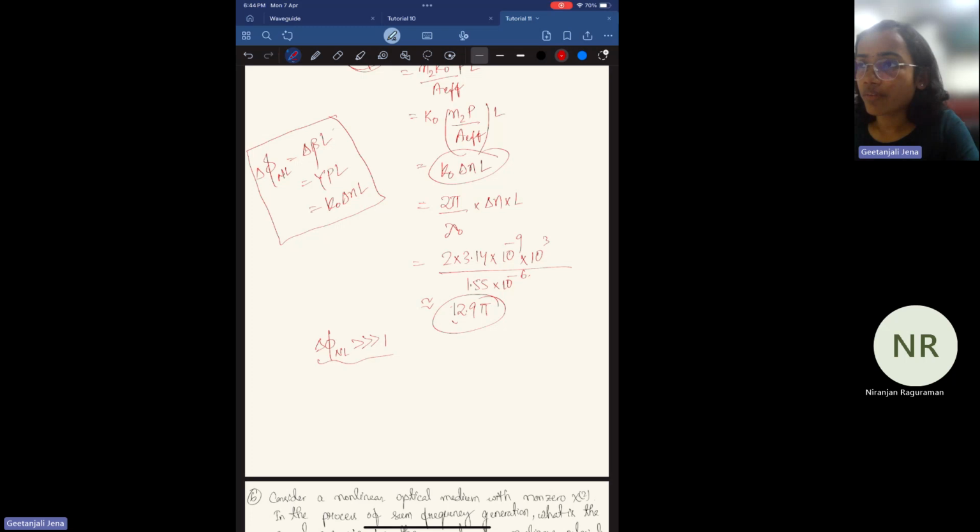You have already seen in the class that whenever we have a Kerr effect, we see a chirping inside the pulse. So in the first part we have lower frequency, then as we move away from the center, the frequency increases. For this to happen, we need delta phi much greater than 1. So here this is 12.9 into pi, which is much greater than 1. That means we can see an SPM based broadening.